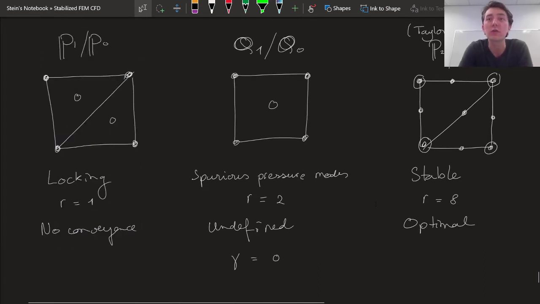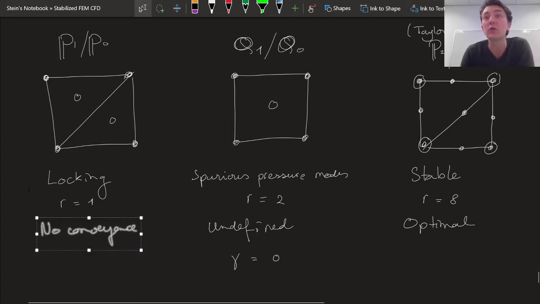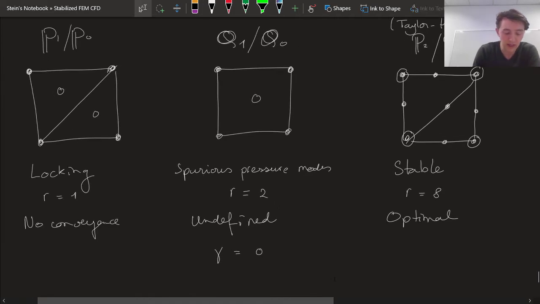Even though it's not a very good solution, and it's a non-convergent solution, we do get a unique solution, which means that our B matrix had to be full rank, which means that the Inf-sup condition is satisfied, which means that we get a gamma that is larger than zero. So based on these observations, we can conclude that even though it's not a very good element to use, we do get a gamma value of larger than zero.